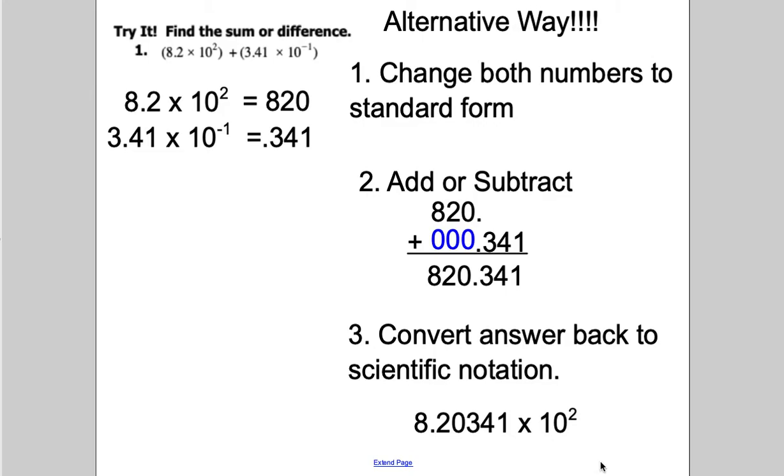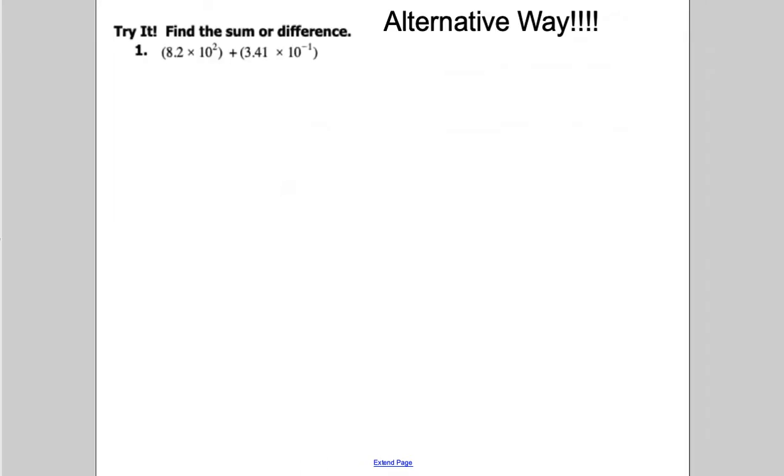Okay? Because we moved it 2 places over. Does that make sense? So change both to standard form, add or subtract, convert back to scientific notation. This is the easiest way to do it, I think. Okay? This way, that's a lot of work.